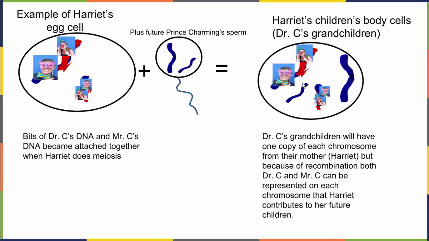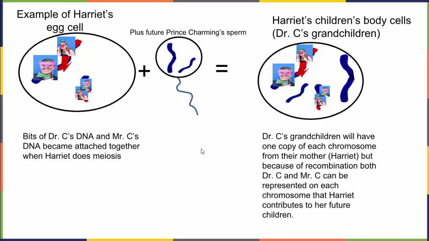So don't forget that Harriet's children, my grandchildren, are only going to be at most half that's Harriet, or half that's my husband and me. That's the parts that Harriet provided to her child, and the other half is going to be whatever her future Prince Charming sperm has provided.